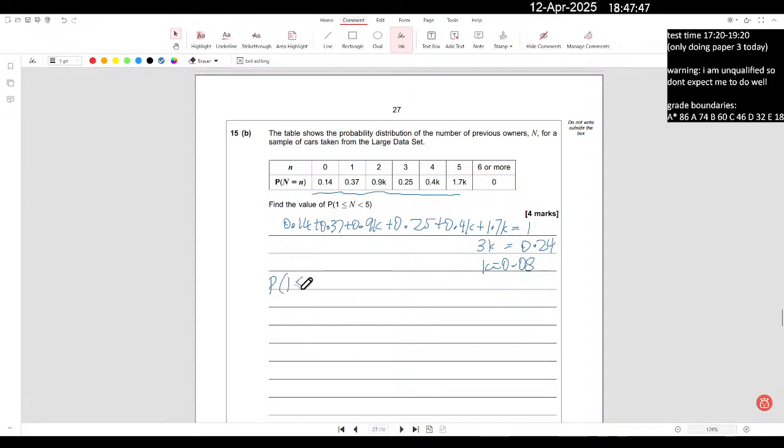So P of n more than or equal to 1 and less than 5 equals 0.37 plus 0.9k plus 0.25 plus 0.4k, which is 0.62 plus 1.3 times 0.08, which is 0.724.